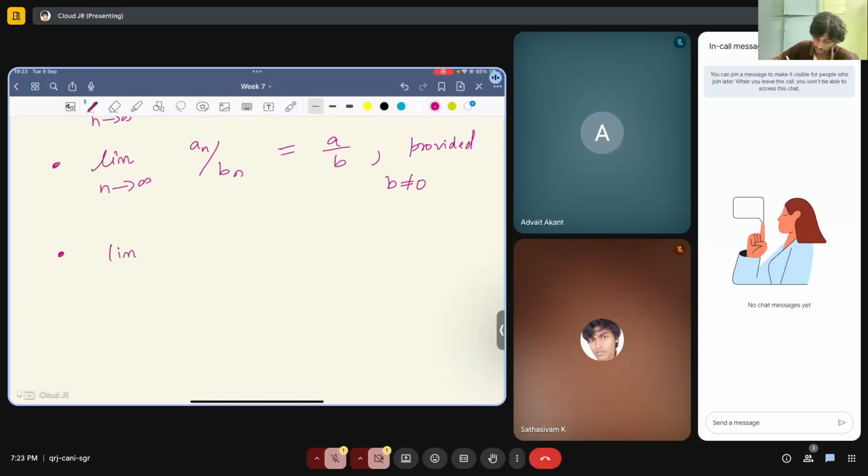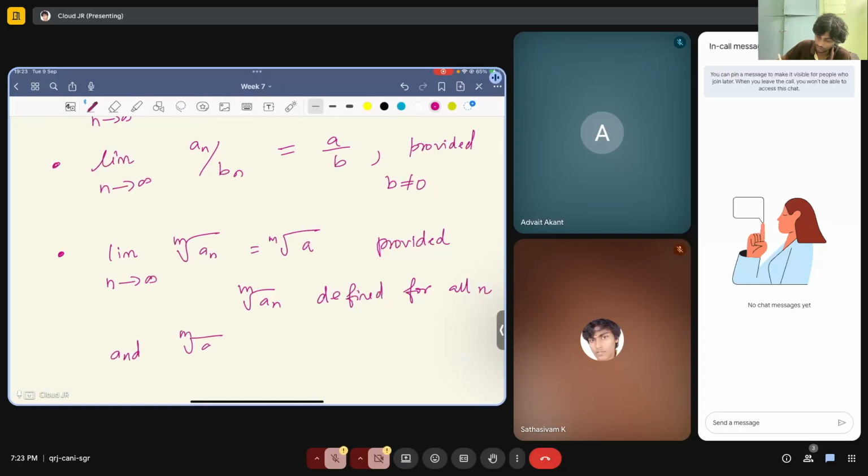So you look at the limit as n tends to infinity of the mth root of a_n. This is basically the mth root of a, provided the mth root of a_n is defined for all n, and the mth root of a exists. Why do you care about whether it's defined or not?